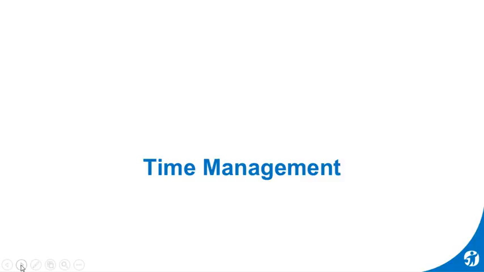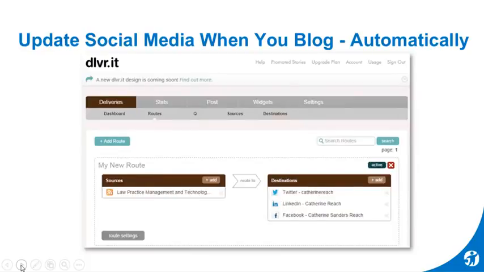Speaking of time management, I'll go a little faster. When you're looking at time management, it's a combination of automation, but it's also really about getting things done in a way that you can assimilate into your other activities during the day. So this is a combination of time management and automation, a product called Dlvr.it, and you can send an RSS feed.